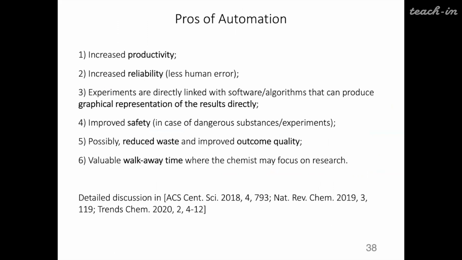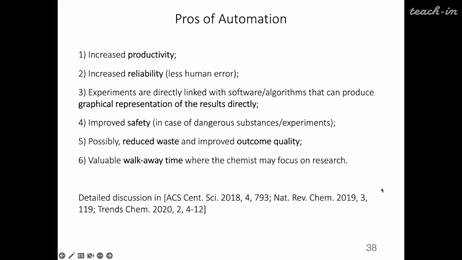Speaking of automation, there are several pros that are highlighted by the authors of these works.